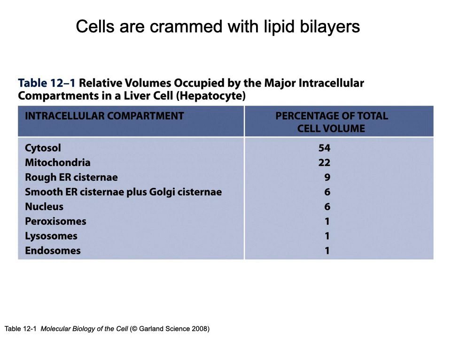If we look at the cell and the percent of that cell volume in which the organelles take up space, we could build a table like the one we're looking at here. The cytosol is going to take up the largest amount of the volume, and in that cytosol there are going to be free proteins moving around.